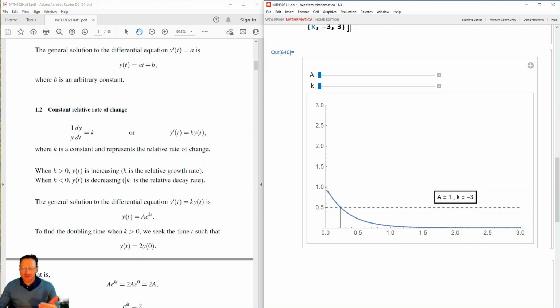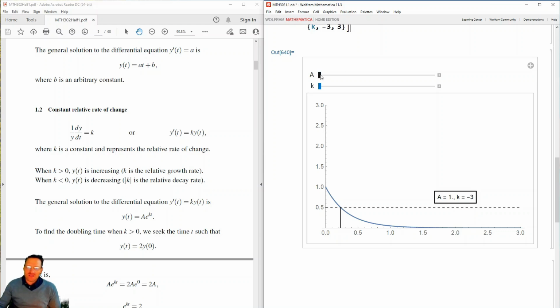That's our initial value. The solution to the initial value problem y'(t) = ky, where y(0) = 1, looks like this. This is the solution curve.